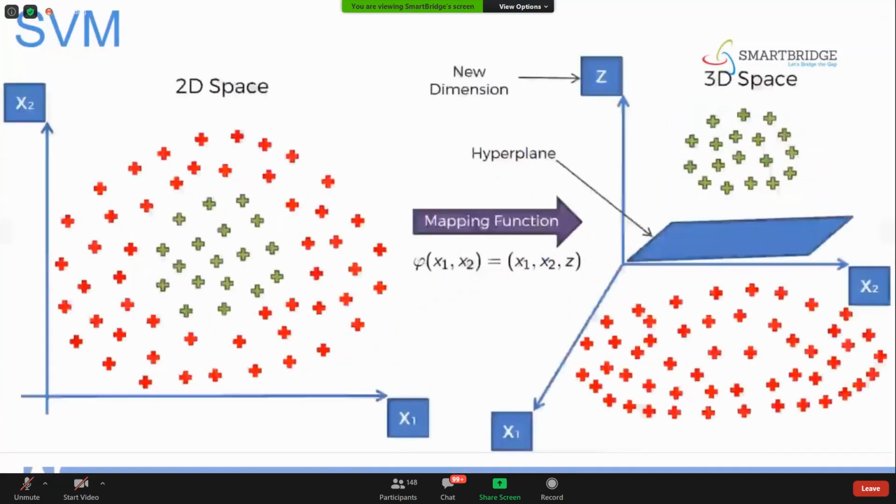In the same way, for this data set also, the same thing is happening. I have used some sort of mapping function. So all the red points have come downwards, and all the green points have been created over here. Then I can create a linearly separable plane, right?